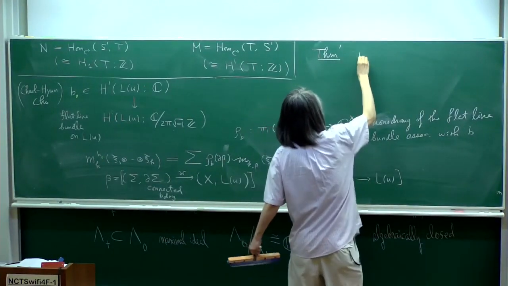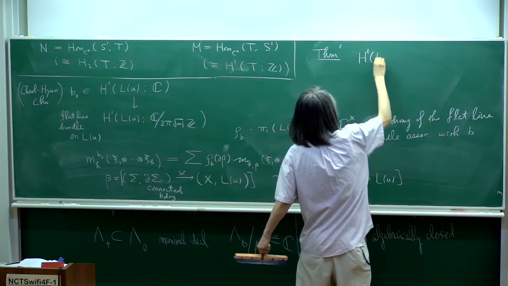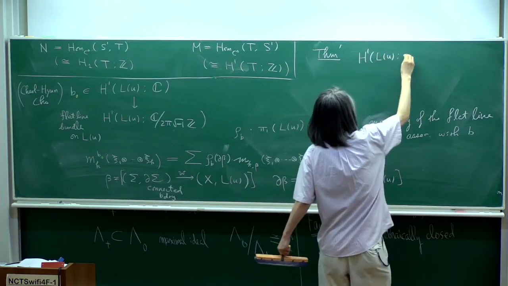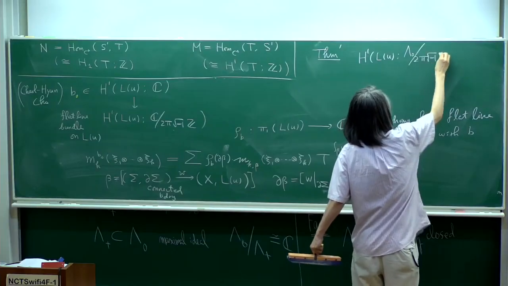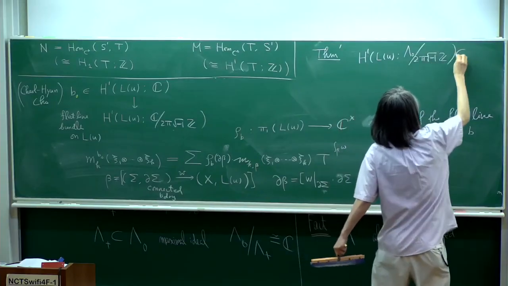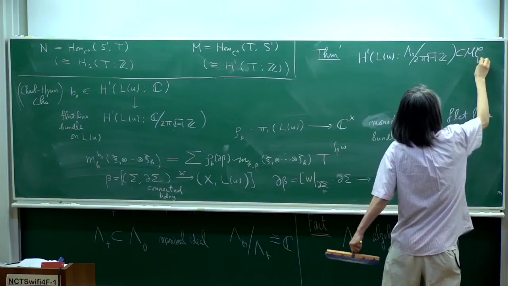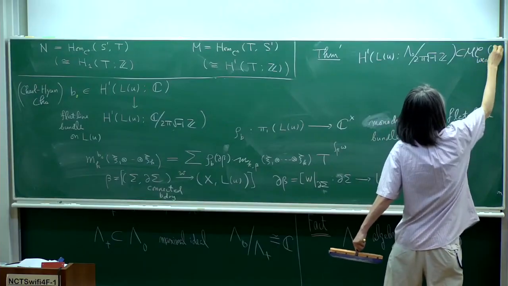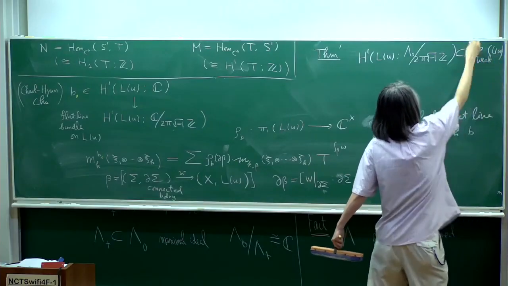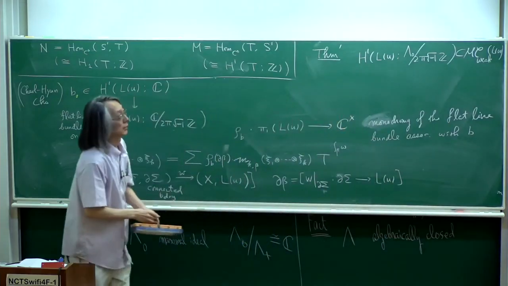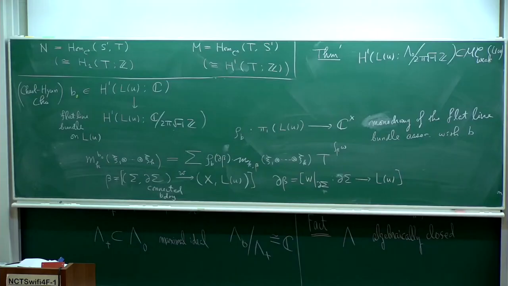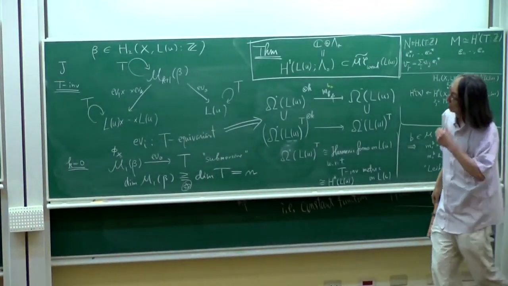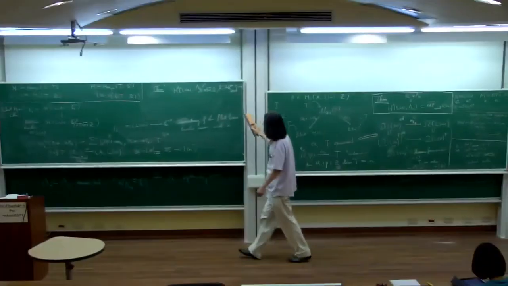In fact, if we consider this H^1 of L_U with Lambda_0 modulo 2 pi square root minus 1 Z, it actually contains this MC weak of L_U. Now I just remove this tilde, because in this case this is exactly a gauge equivalence relation. So then I can just throw it away. Okay.